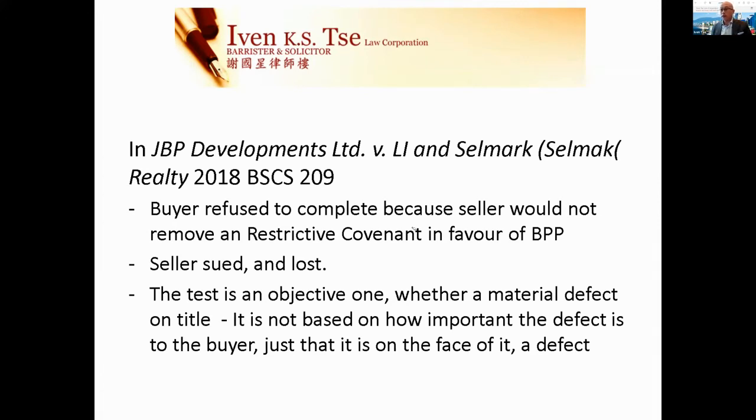They knew that it was on that title search, and yet they completed, and therefore they should be accepted, and they should not have to use that as a reason to not purchase the property. Okay, so it's a very good one to read, and they refer to Court of Appeal cases in this one as well, because there are some arguments that were raised as to how important it is to know what the buyer's intentions were, but it's an objective test, not a subjective test.